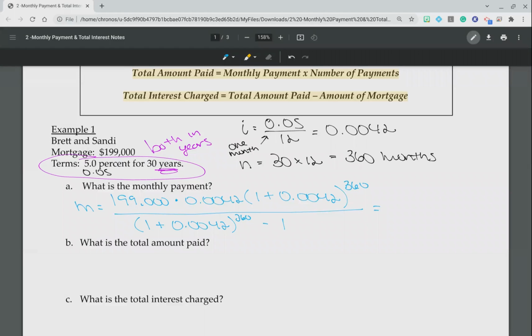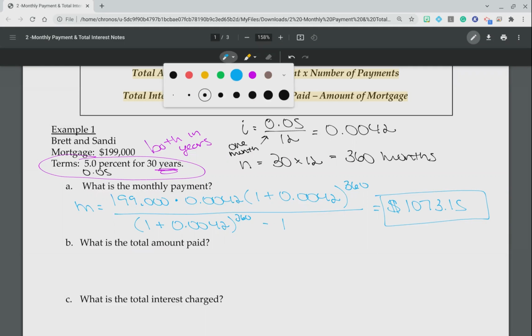Okay, so take a second just to get that into your calculator and then make sure you get the same number as me. If you don't, call one of us over, but you should get $1,073.15. So double check that you get that in your calculator.